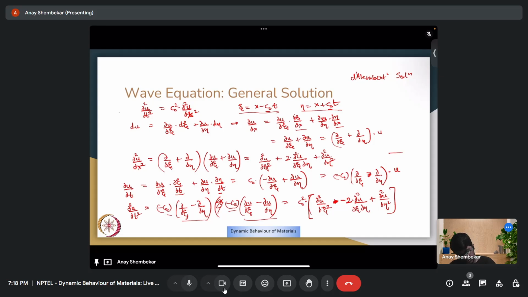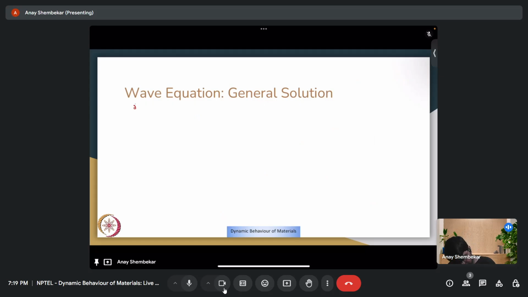If I use equations 3 and 2 in equation 1, what I end up with is dou square u by dou t square minus c naught square dou square u by dou x square equals 0, which is nothing but c naught square times dou square u by dou epsilon square minus 2 dou square u by dou epsilon dou eta plus dou square u by dou eta square, minus c naught square into equation 2, which gives us dou square u by dou epsilon square plus 2 dou square u by dou epsilon dou eta plus dou square u by dou eta square.